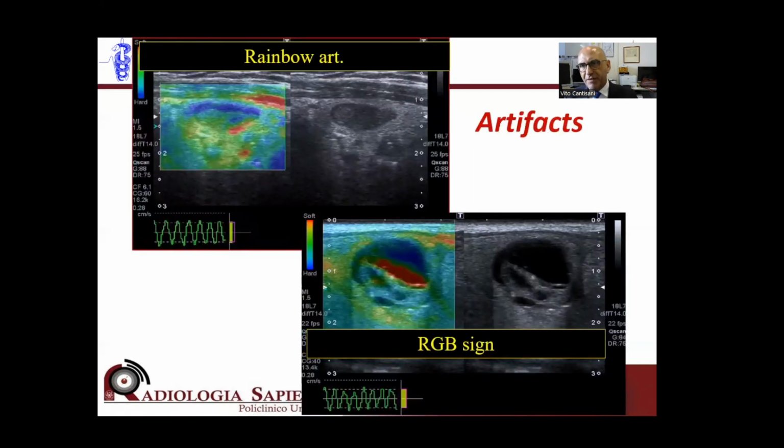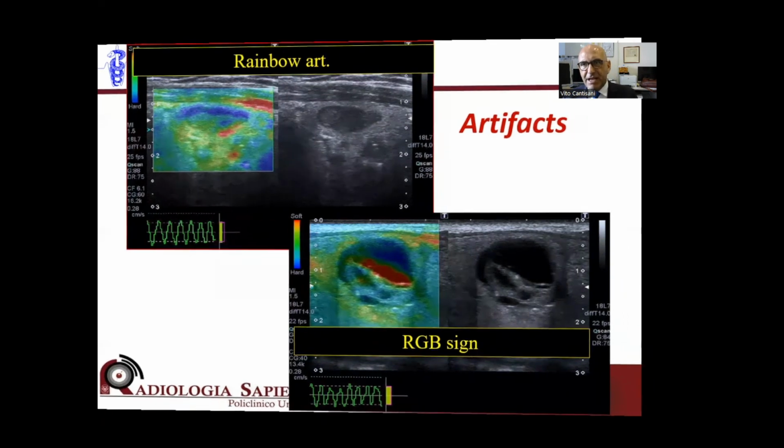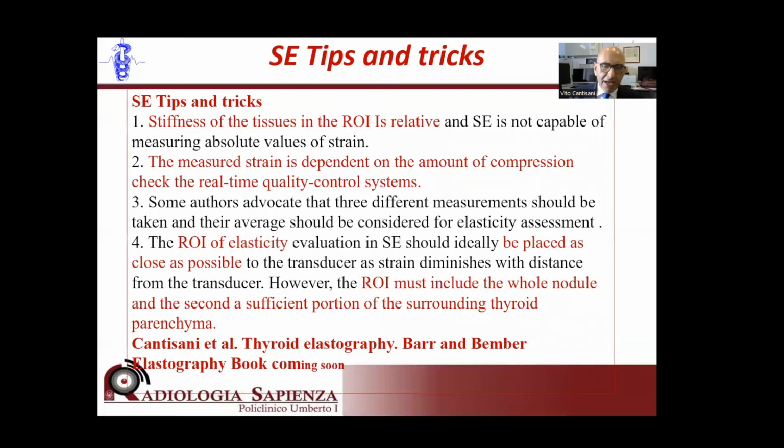Be aware of artifacts, use them to confirm the baseline benign appearance. I tried to summarize some tips and tricks. You have to have ROIs of the same size, including the whole nodule, or at least the major part of the nodule, and the corresponding thyroid tissue.